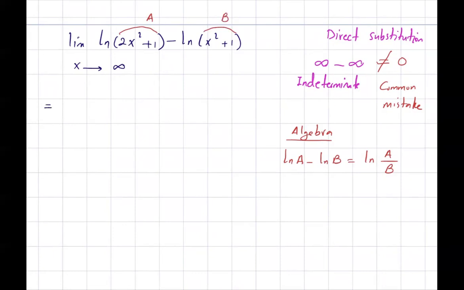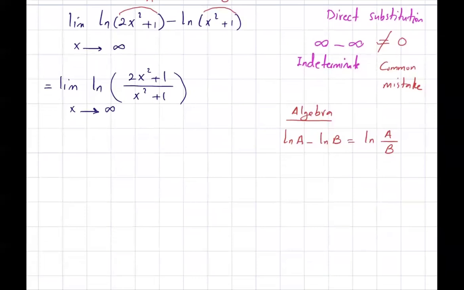So this limit can be written as the limit of 1 ln, and the quantity is 2x squared plus 1 divided by x squared plus 1 as x goes to infinity. So this limit can also be simplified as the ln of, open parenthesis, limit of 2x squared plus 1 divided by x squared plus 1 as x goes to infinity.